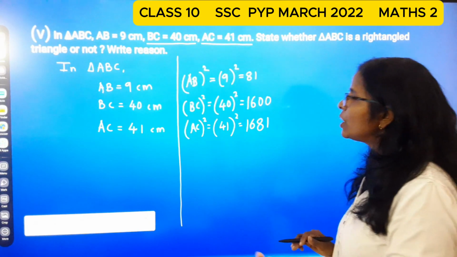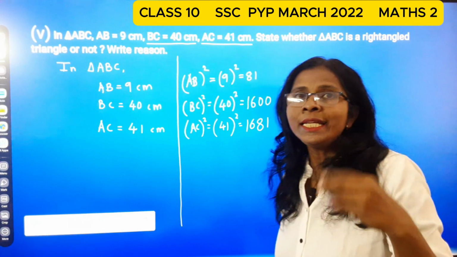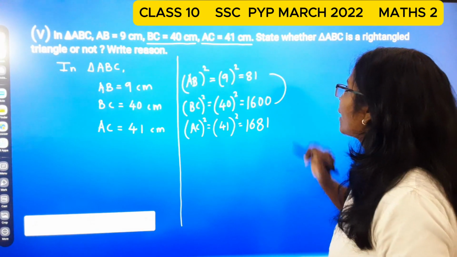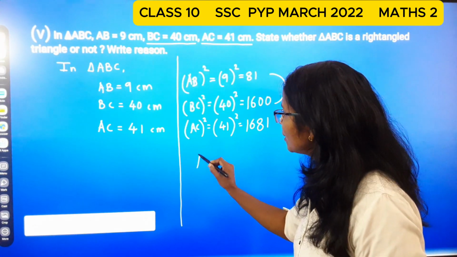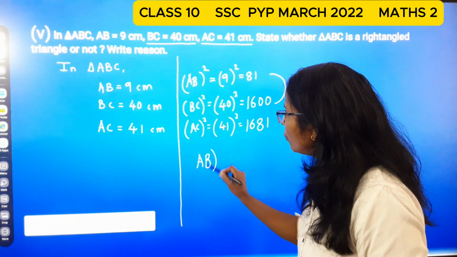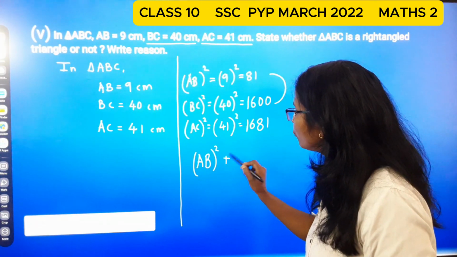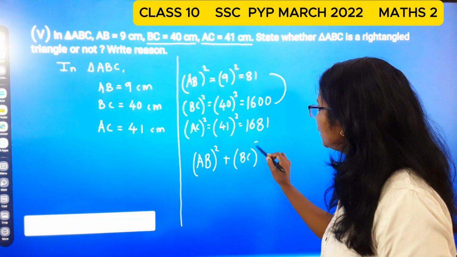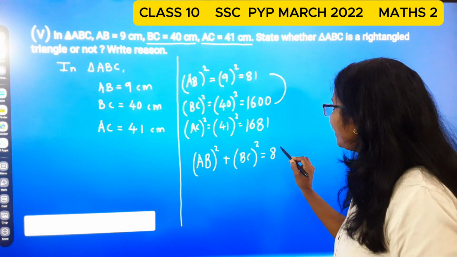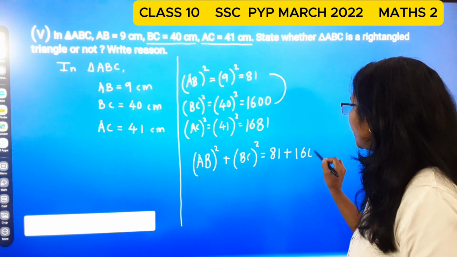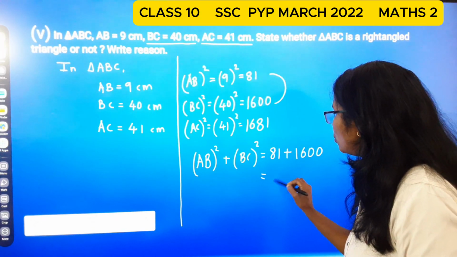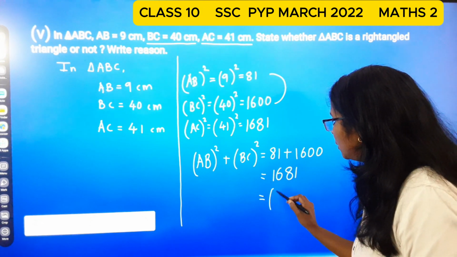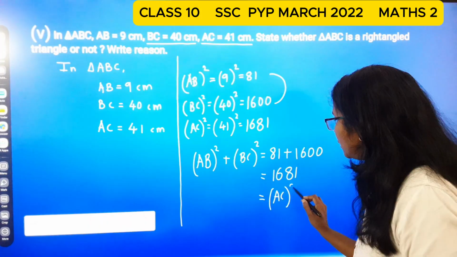Now, students, if we observe, square of AB plus square of BC is equal to 81 plus 1600, which is equal to 1681, which is equal to the square of AC.